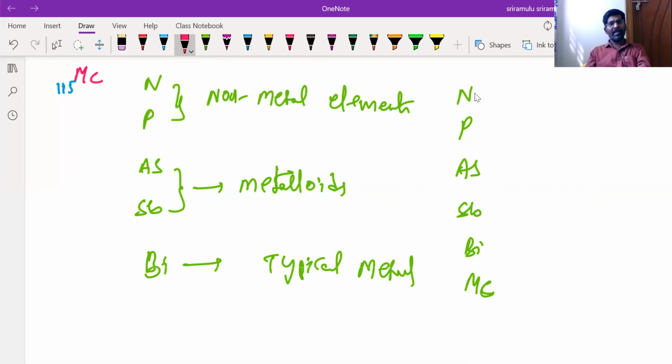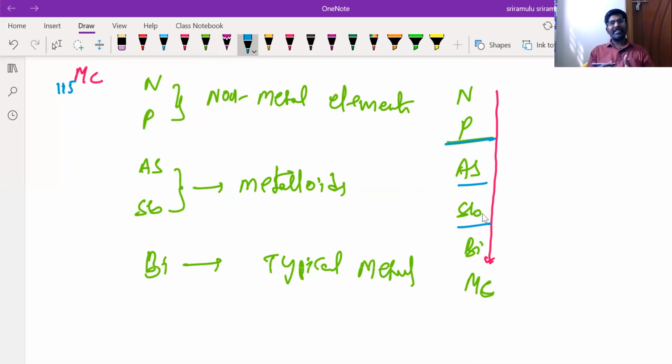So from top to bottom in the periodic table, metallic character increases. The first and second elements are non-metal elements. And listen friends, arsenic and stibium are metalloids.